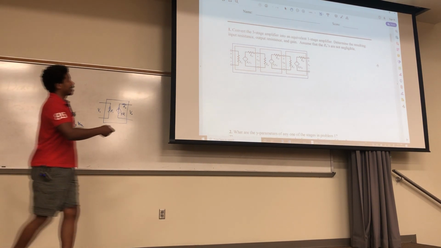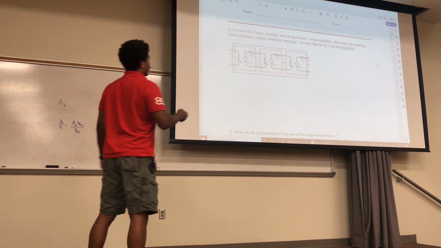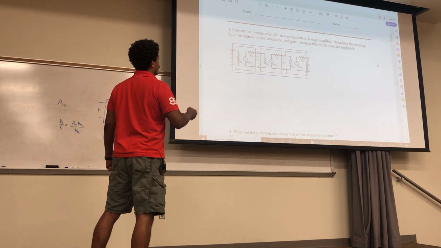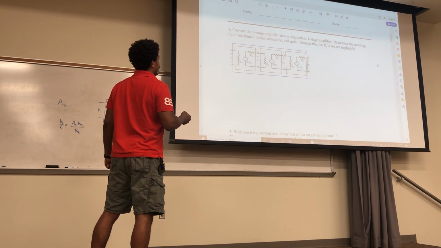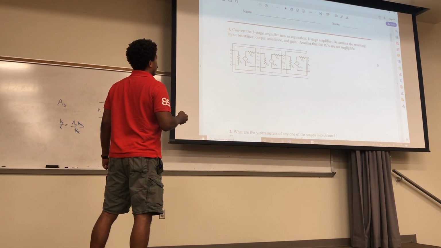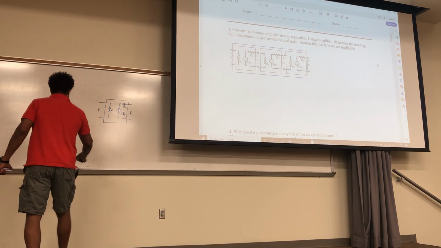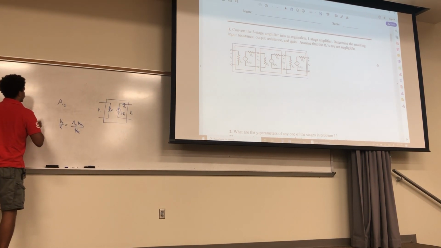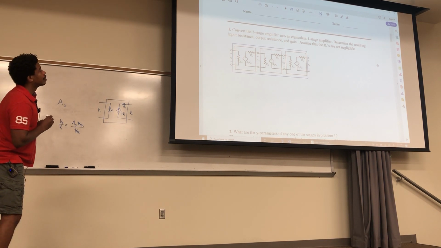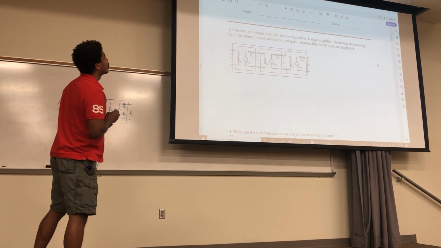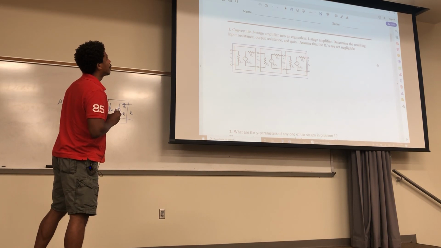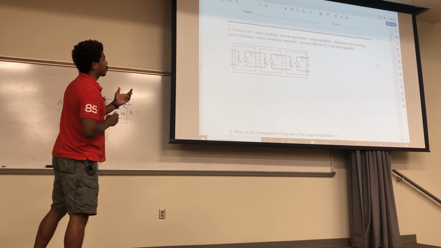Now before that, you have this situation right here. When you're looking at this output over that input, let's do the output.